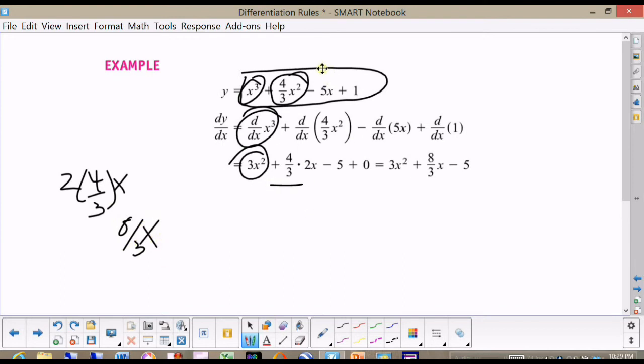The derivative of minus 5x is just going to be minus 5. And then, of course, the derivative of 1, which is a constant, is 0. So the answer is 3x squared plus 8/3 x minus 5.